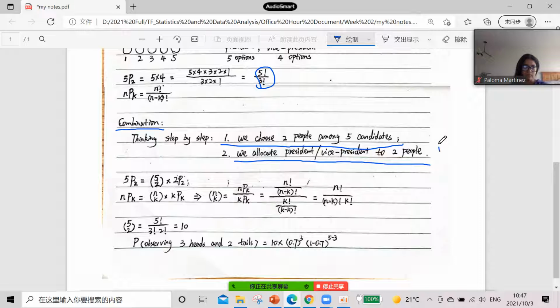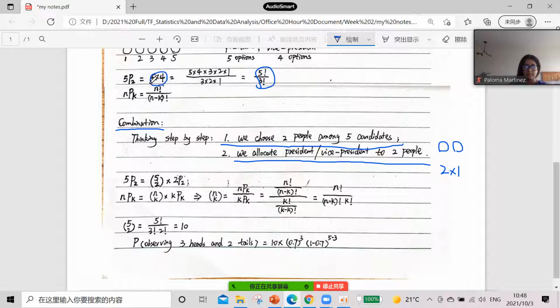I now have only 2 candidates, and I need to assign president and vice president. So my option is simply 2 times 1, because for president I have 2 options, and then I only have one person left, and that person is automatically allocated to be vice president. And so this is 2 times 1. It's pretty similar to 5 times 4 here.